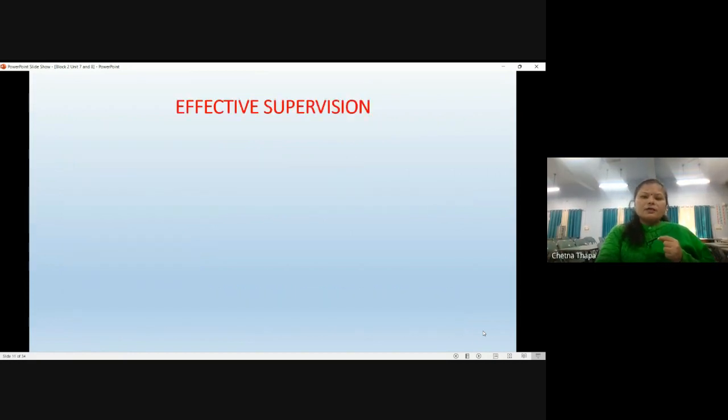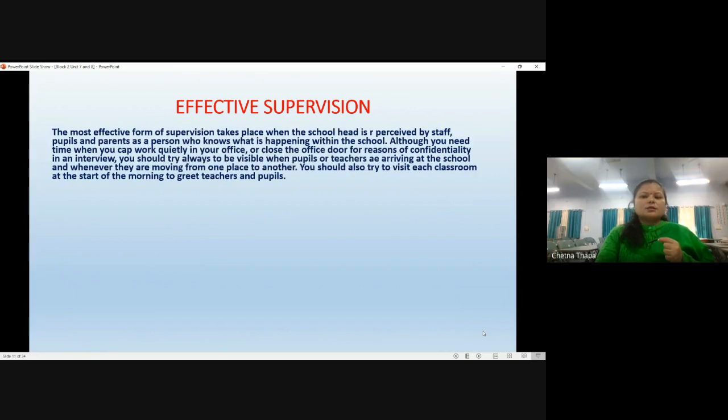Now we will discuss effective supervision. The most effective form of supervision takes place when the school head is perceived by the staff, pupils, and parents as a person who knows everything that is happening within the school. If you are unaware of it, then you are not having effective supervision.